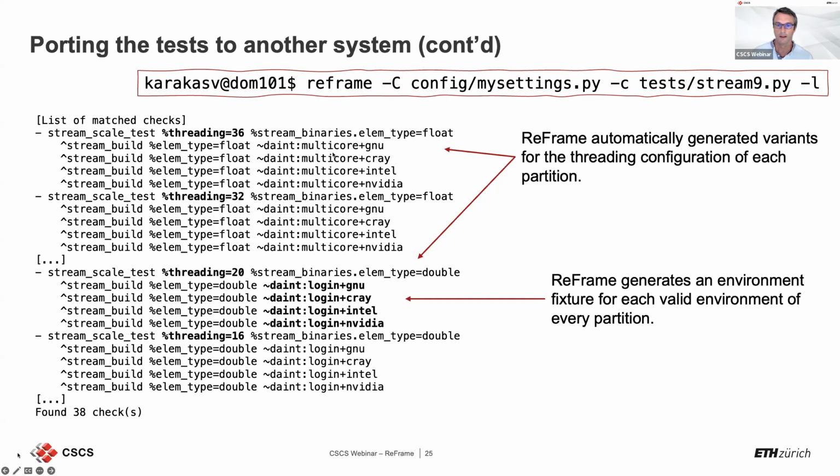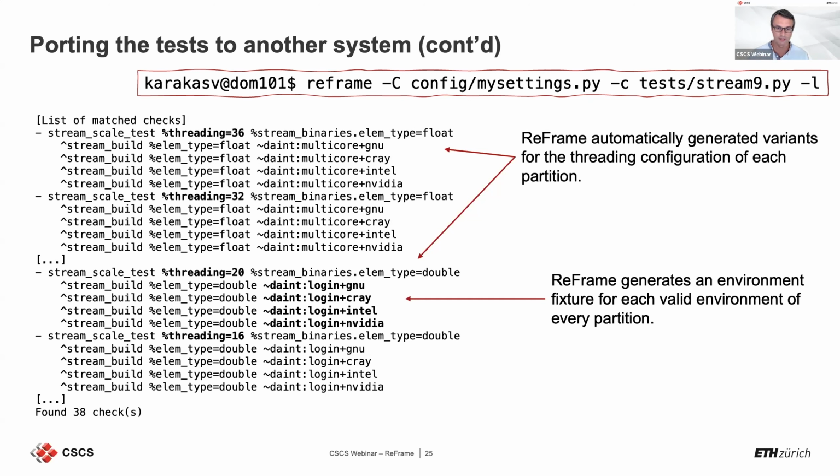So you see that ReFrame generates a variant, not only for each parameter, like 36, 32 here, and then on the multi-core, you go up to 36 cores, but on the login nodes, you go up to 20, for example, and on the hybrid, you should go up to 12, I think.